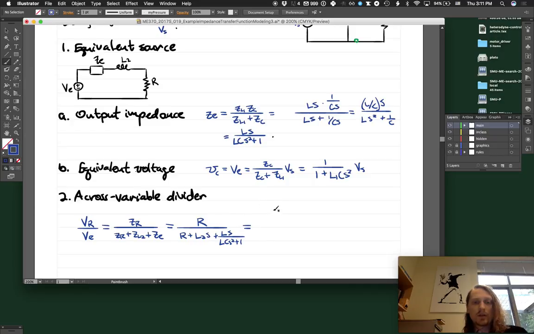And we're going to have R times LCS squared plus 1 divided by, we're going to have R LCS squared plus R, because of the 1, plus, oh, this isn't, no, that's just any L, right?